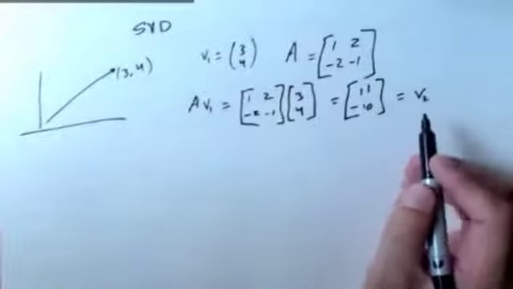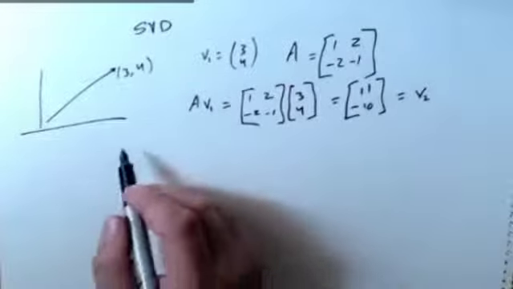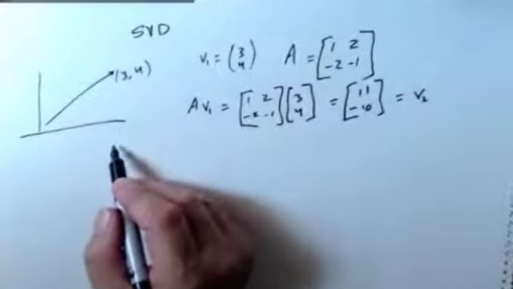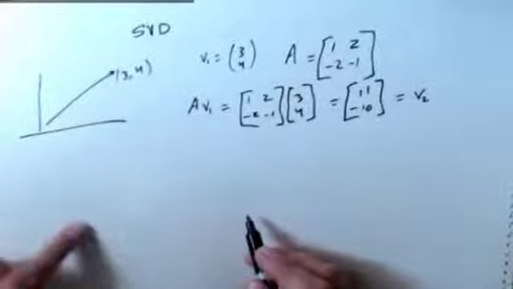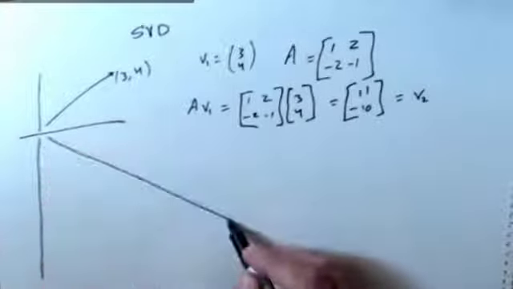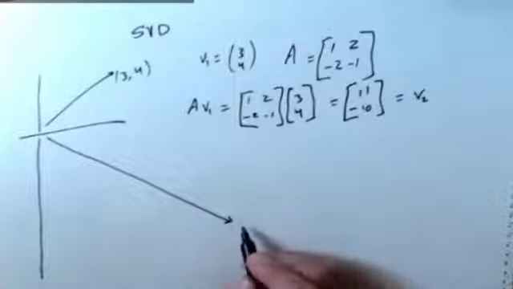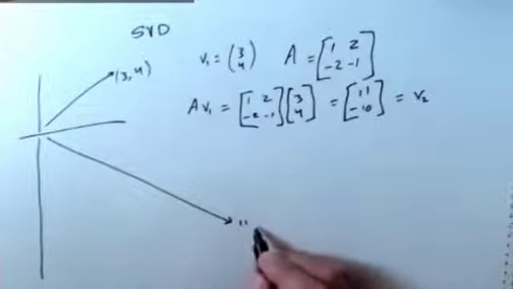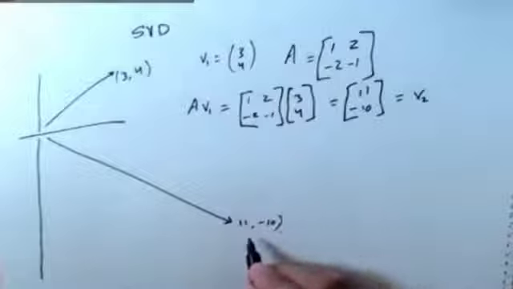So let's plot this V2. This is 3, and then 11 would be somewhere over here, and 4 and -10. I'll have to extend it. So it will be somewhere over here. This vector is (11, -10).